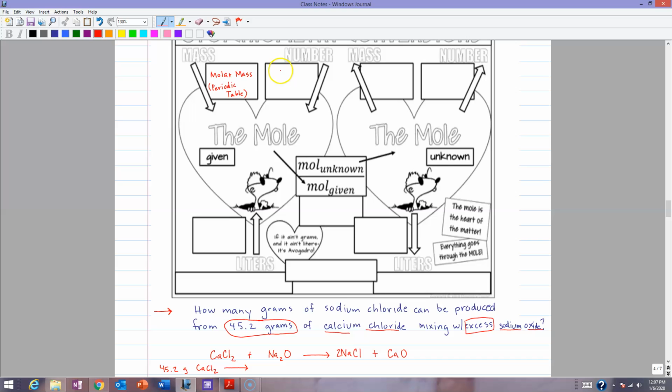If it were in particles, then I would have to use Avogadro's number, which is 6.02 times 10 to the 23rd. If it were in liters, and remember I can only do liters if I have a gas, then it would be the molar volume, which is 22.4 liters. So in this example problem, I'm starting off with mass.